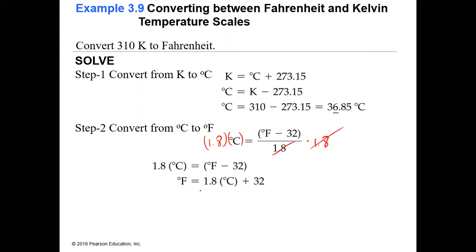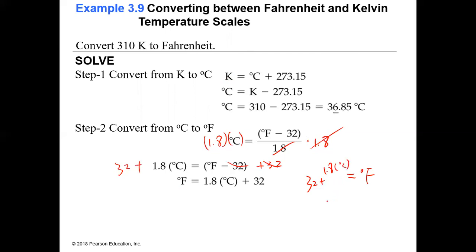Initially we get the Fahrenheit on one side, and then we have 32 plus 1.8 times the Celsius.